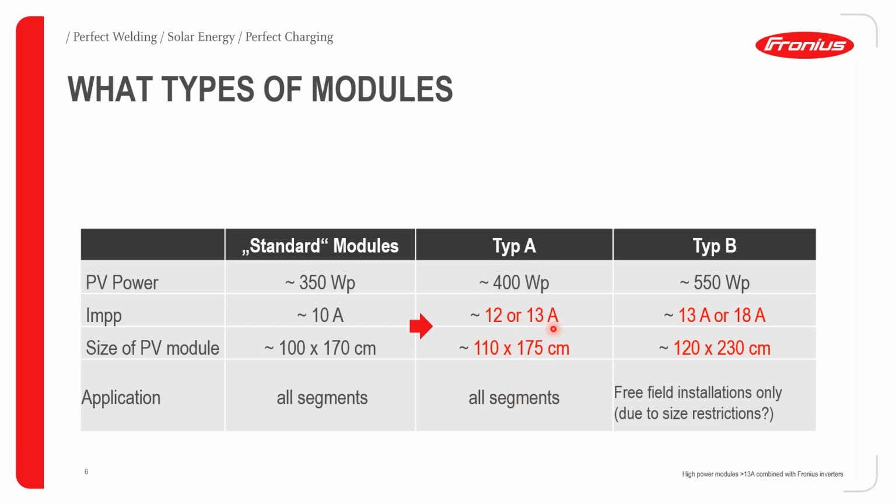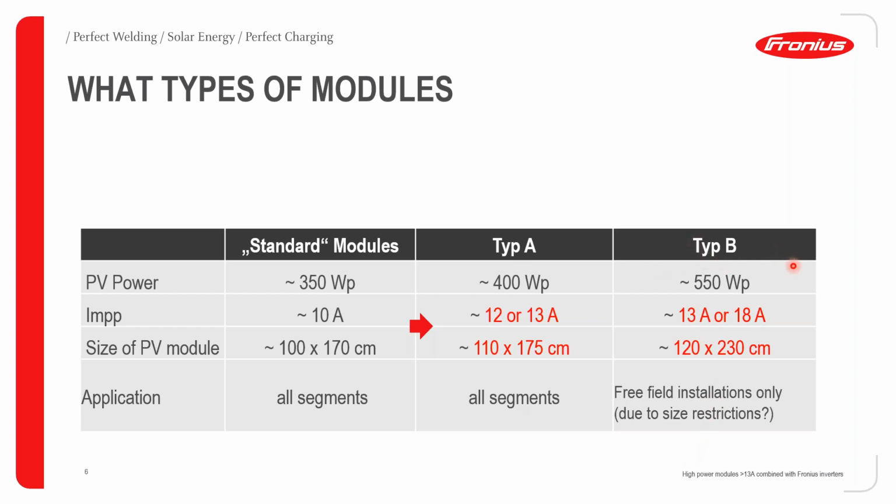Likewise, because the current is still not that high, this module can be used easily in all market segments, whether commercial or residential rooftop installations, or ground mounted, what we refer to as free field installations.